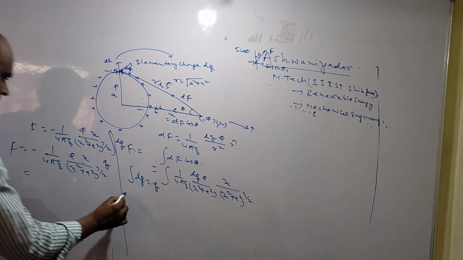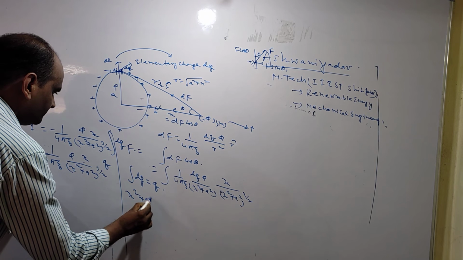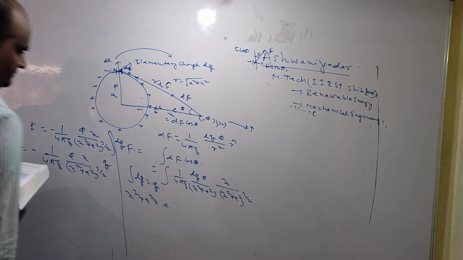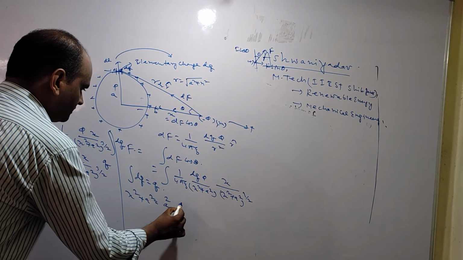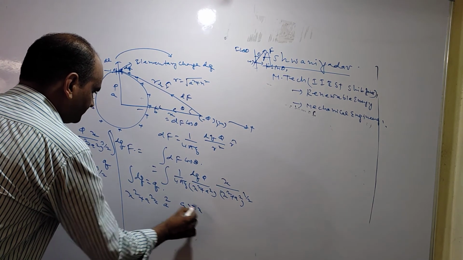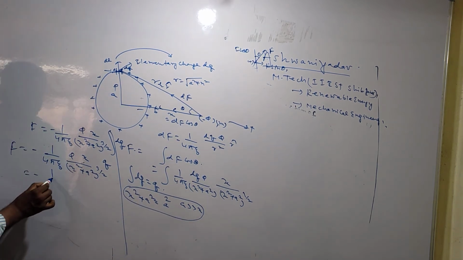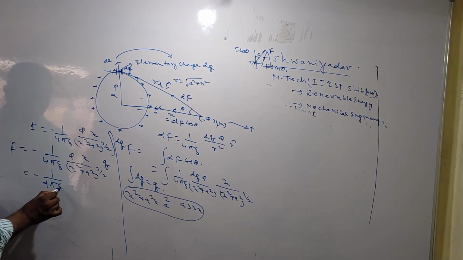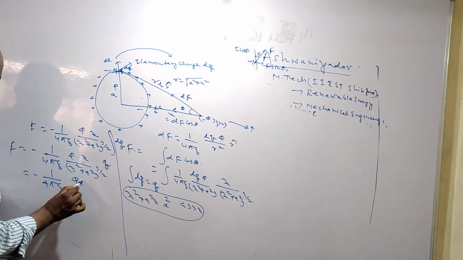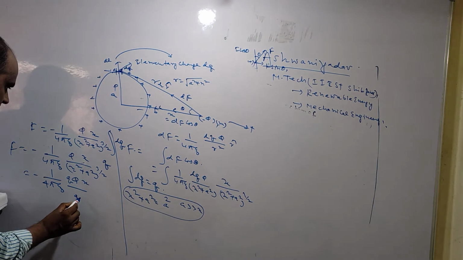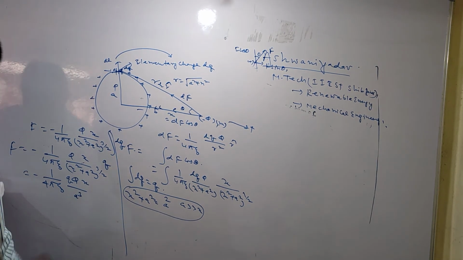Now, from the assumption, x square plus a square is approximately a square, because a is much greater than x. So we have the final expression: F equals minus 1 by 4 pi epsilon naught, Q q x by a cube.